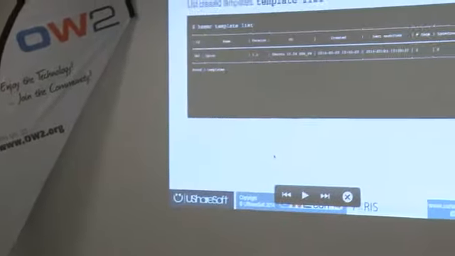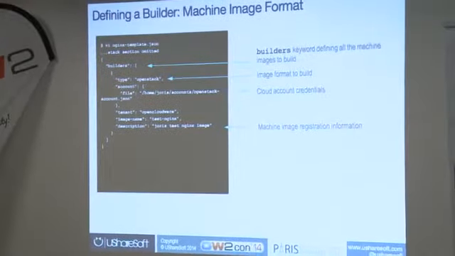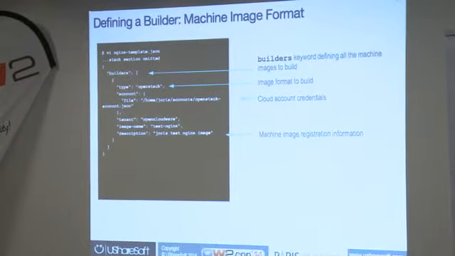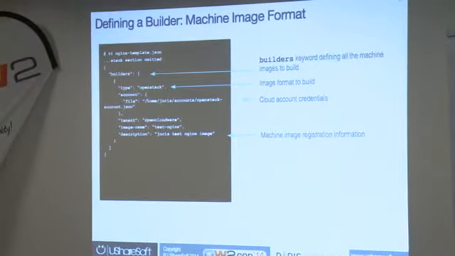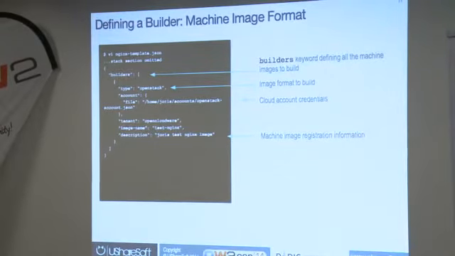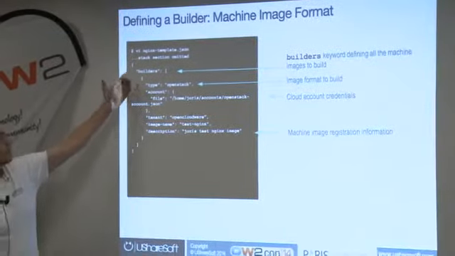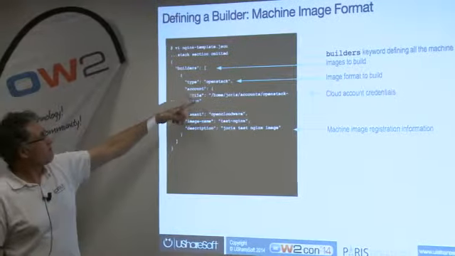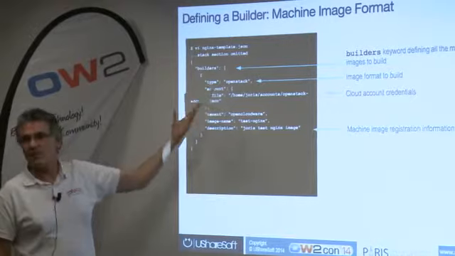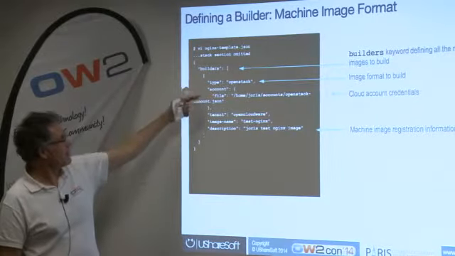Well, okay. So now the next step is to publish that template and generate an image and publish it to OpenStack, because that's what we're here for. So what I do for that is I have a builder section in which I say that I'm going to generate an image of type OpenStack. I've got an account which describes my cloud account.